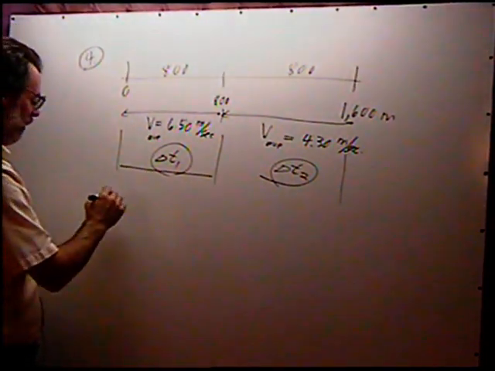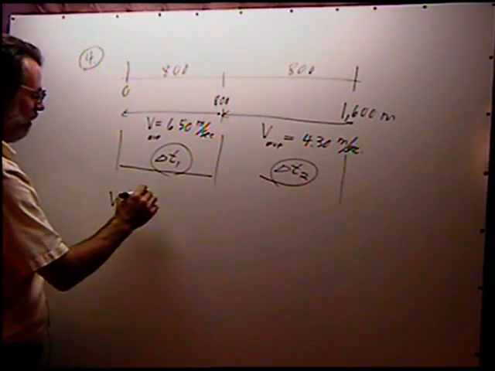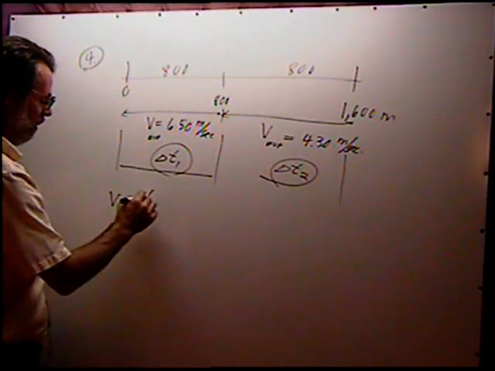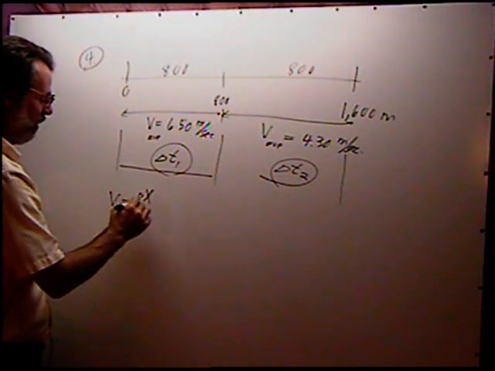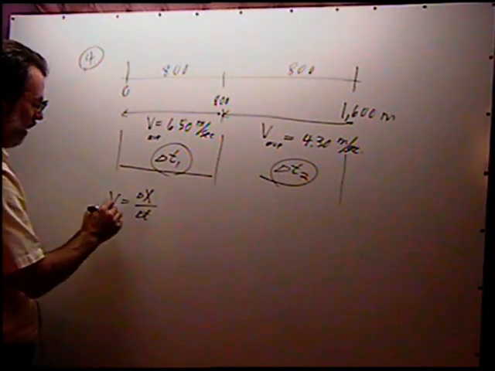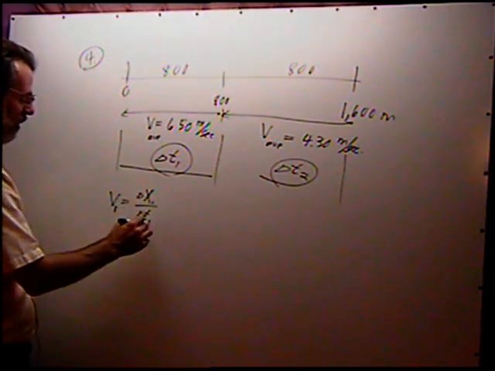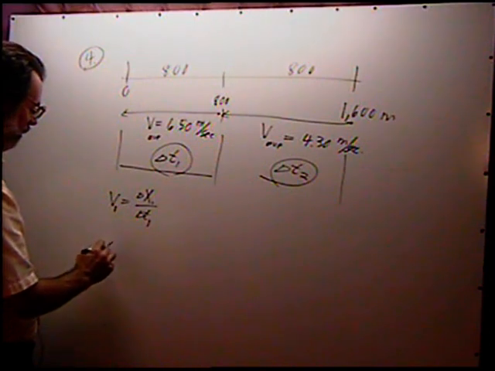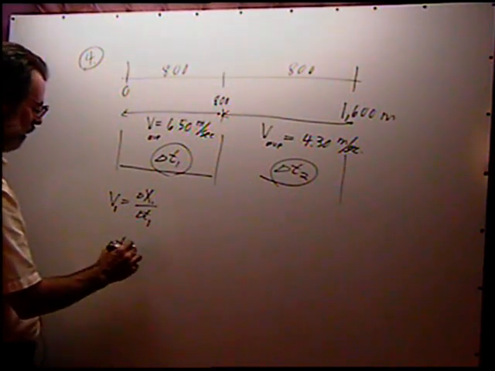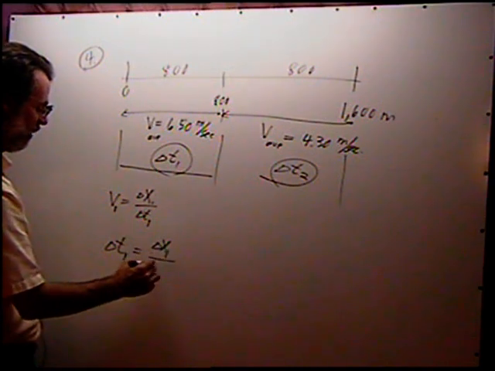Remember, velocity is equal to displacement over time. So V1 is displacement 1 over T1. Solving for delta T1, it is displacement 1 divided by velocity 1.